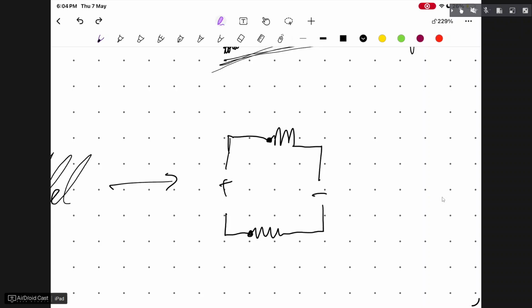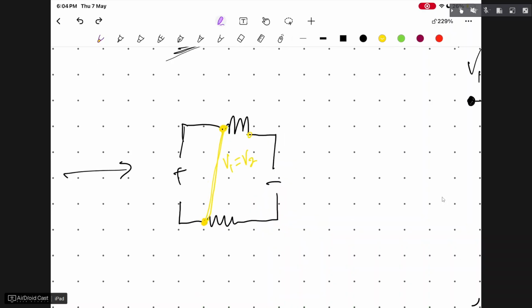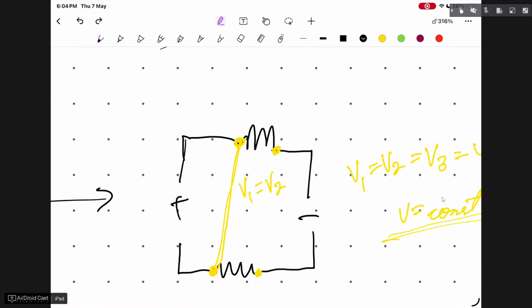This point and this point are exactly the same, just flipped. Since the potential between two points is the same and the points are the same, we can say that V1 equals V2, and here V3 equals V4. So V1 equals V2 equals V3 equals V4. That means V will be constant, because it's a constant value.